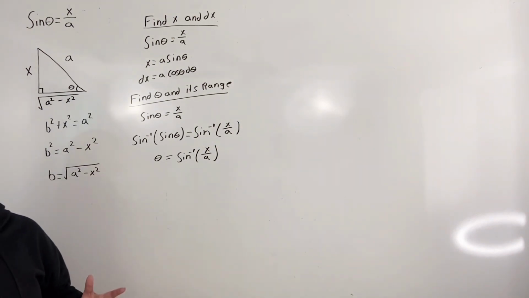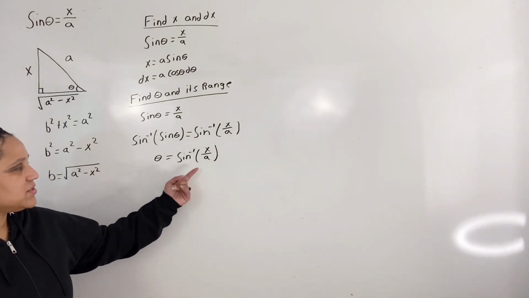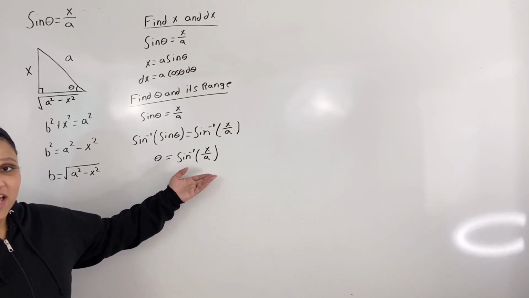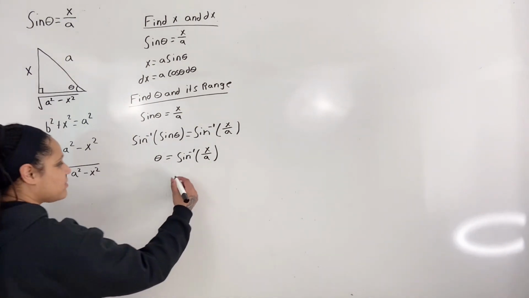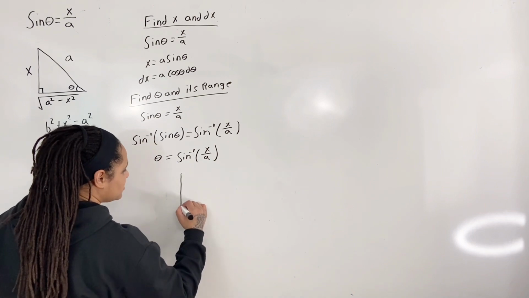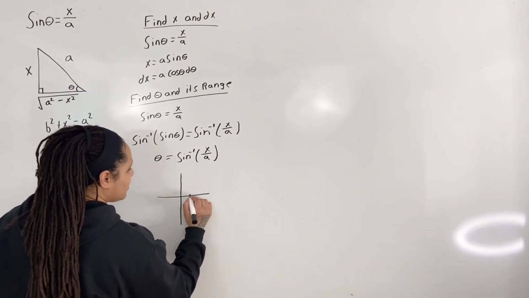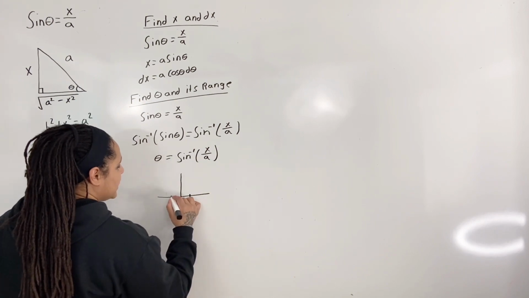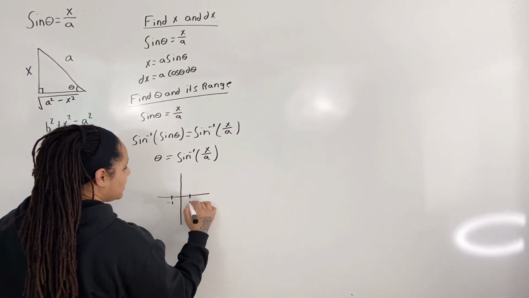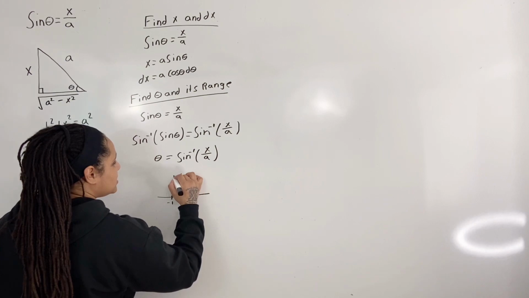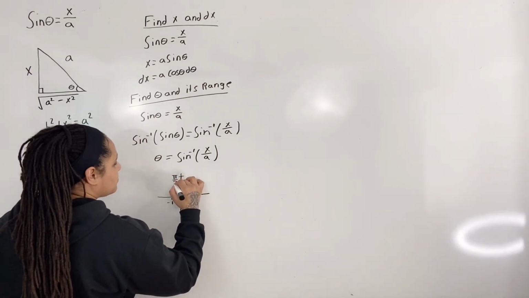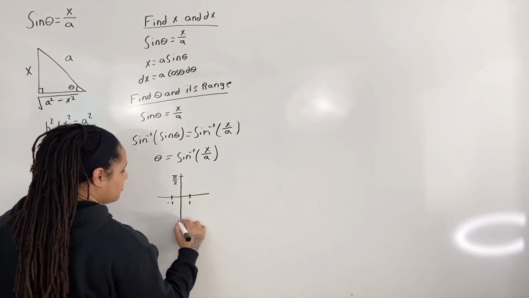Well, in order to find the range, we need to know the range of sine inverse. If you remember the graph of sine inverse, we know that the domain is from -1 to 1, and the range is from -π/2 to π/2.